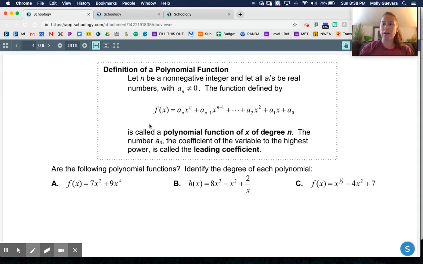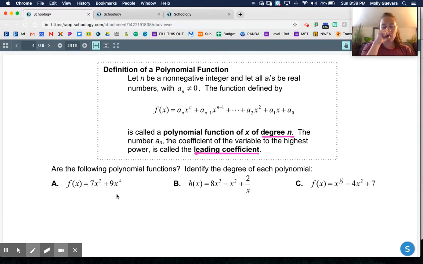So you can't have an imaginary number there. The highest exponent is the degree, and we're going to talk about that a lot. And then the number in front of the variable of the highest exponent is the leading coefficient.